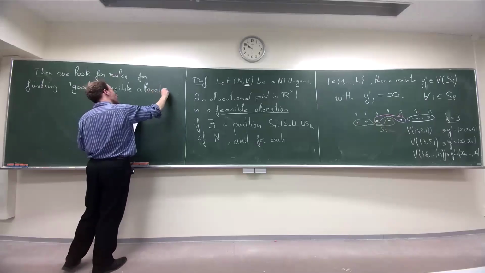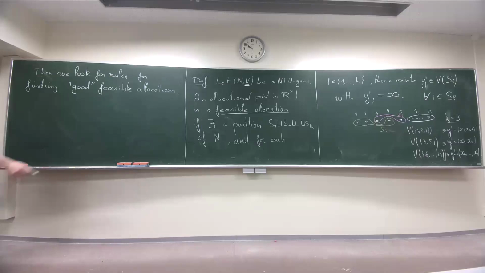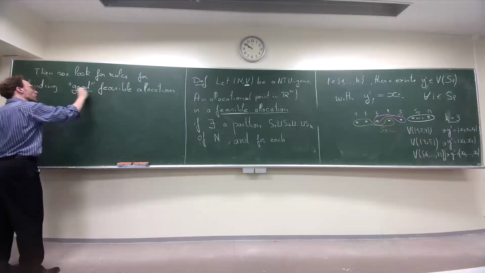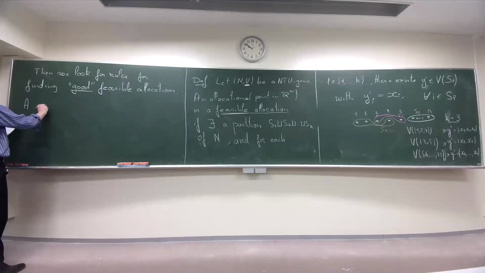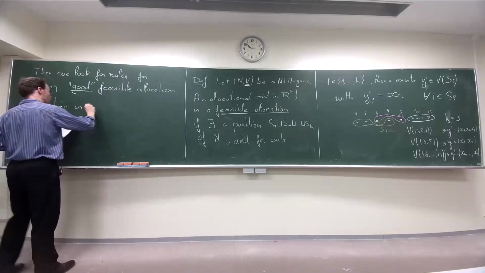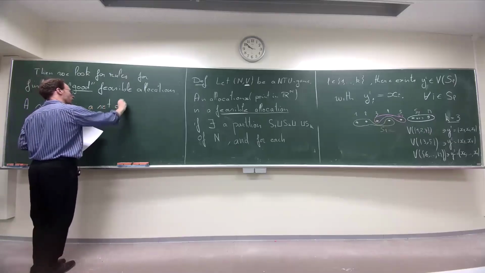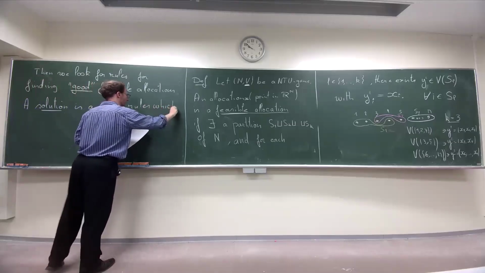So for now, I gave you only a general definition of these feasible ones, but probably we want to put some rules which select one solution or one special one. So it's called, in this framework, a solution: a set of rules. We will see very concretely what I mean by this.